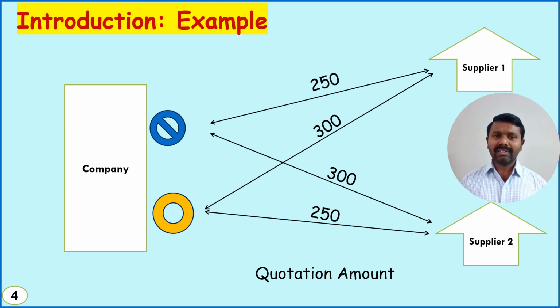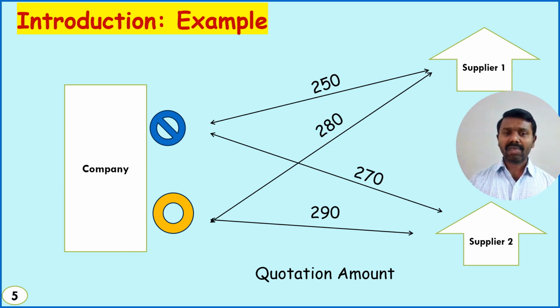So let us say now the cost has been changed. Now the revised costs are like this. Supplier 1 gave the quotation for the first product as 250 rupees and for the second product 280 rupees, and the second supplier gave the quotation as 270 rupees and 290 rupees.